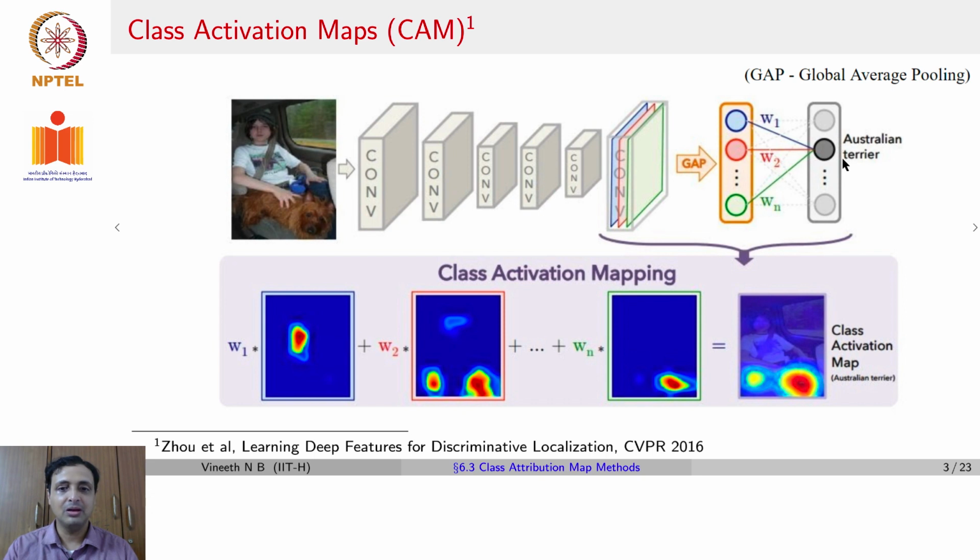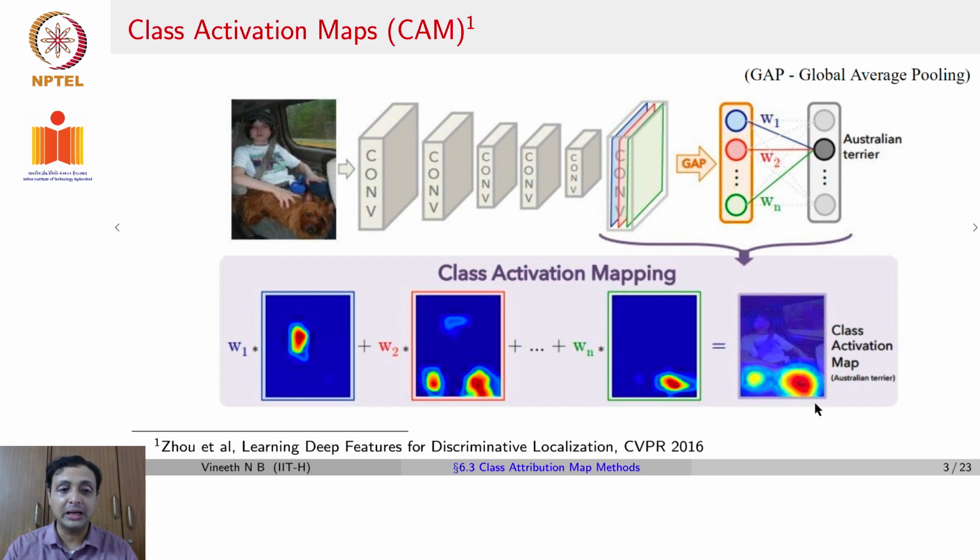In this example, let's say we want to predict this image as belonging to an Australian Terrier. Then you learn weights corresponding to each of those activation maps to the Australian Terrier class, and you weight each activation map in the same way, and this weighted combination of activation maps of that conv5 layer corresponds to the Australian Terrier.